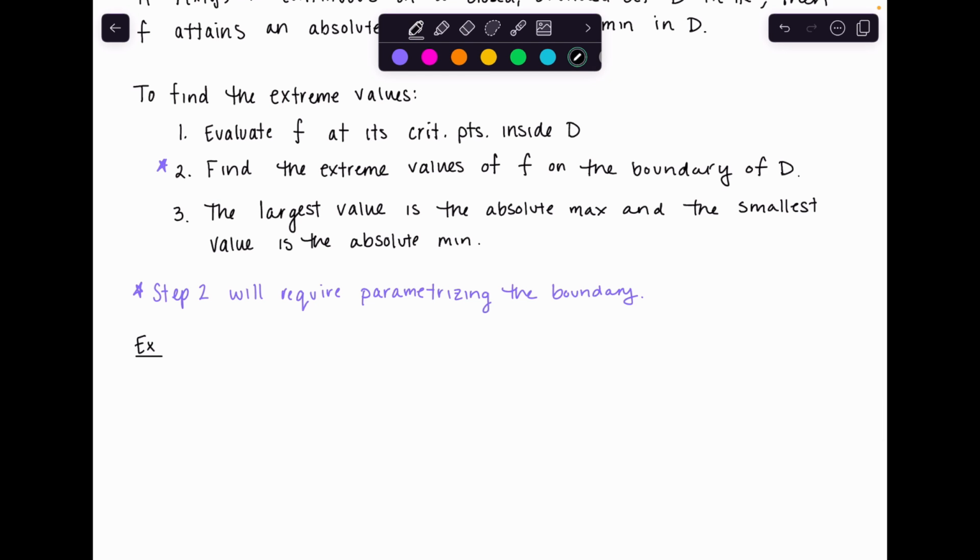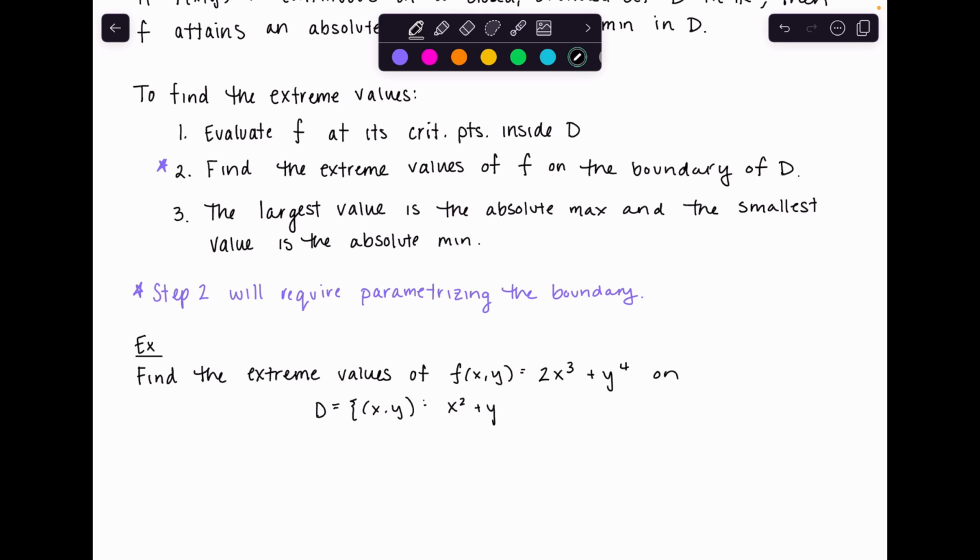We want to find the extreme values of the function f, which is 2x cubed plus y to the 4th, on the set D, which is all x and y such that x squared plus y squared is less than or equal to 1.